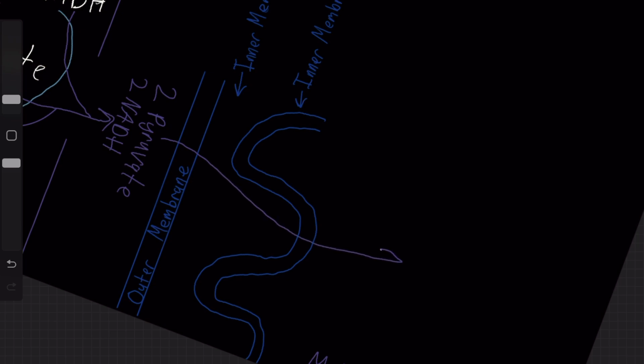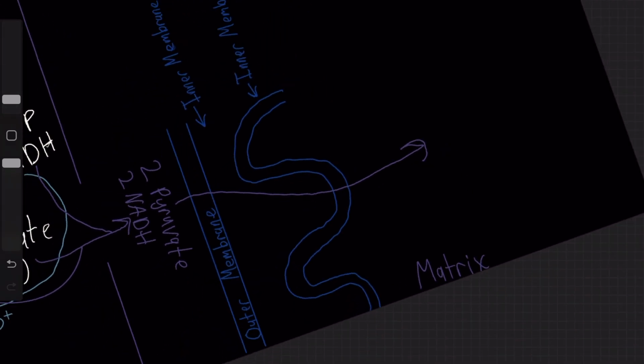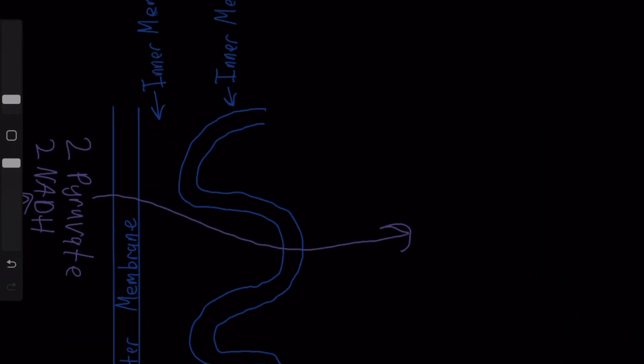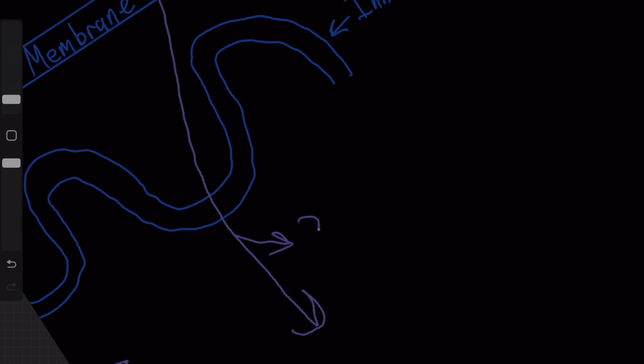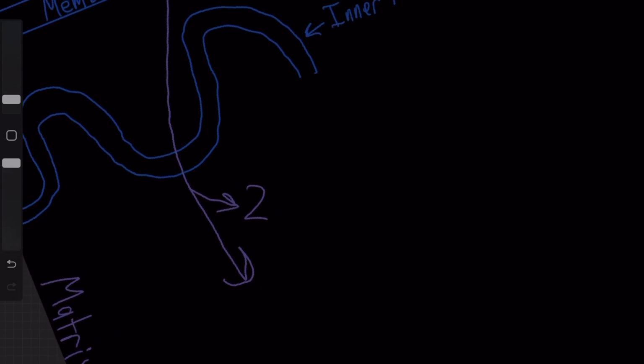While they're entering, the pyruvate will lose 2 carbons, which will be released as carbon dioxide, so CO2.